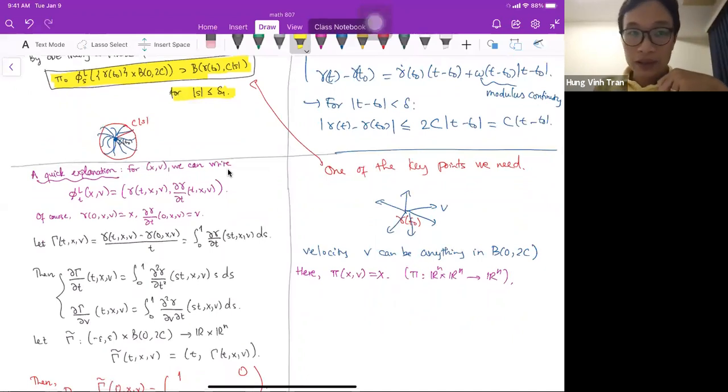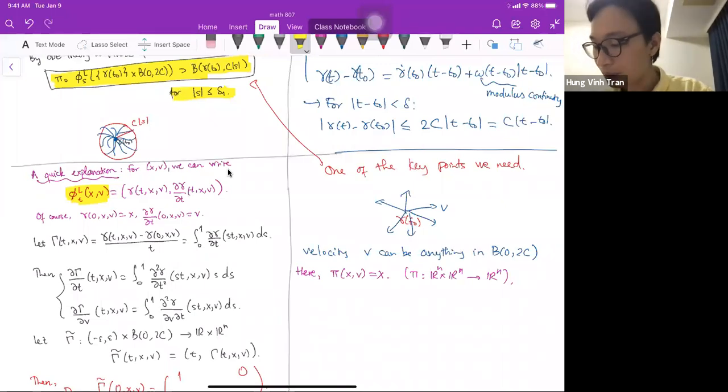You can check me on this. What I'm recording here is that I take phi t of L, starting at x and v, and I record it as the path gamma, but I'm being careful, so I put gamma depending on x and v.